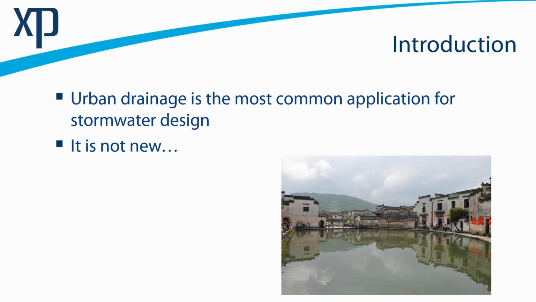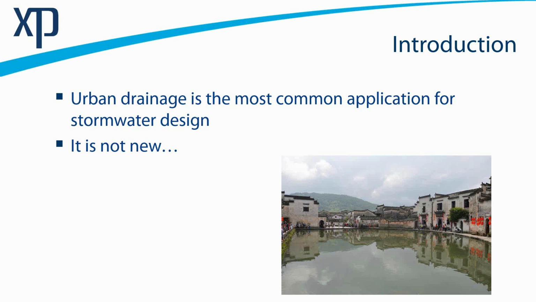So, urban drainage. Certainly in my perspective, and I'm sure many of you will agree, urban drainage is by far and away the most common application for stormwater design. That's what most of us get paid for, or the reason we do what we do on a day-to-day basis. And by no means is urban drainage new. This little photo is a happy snap I took last year whilst I was in China.